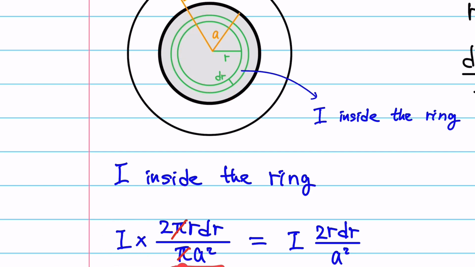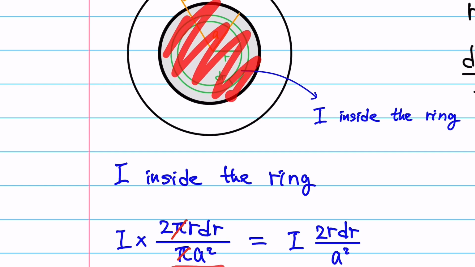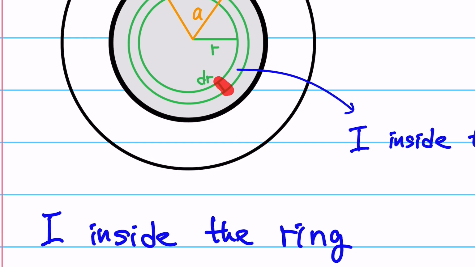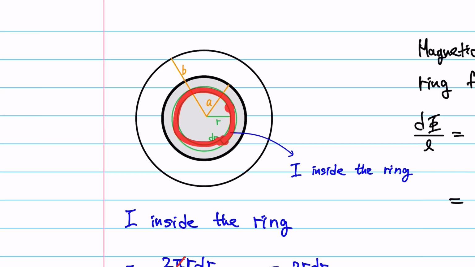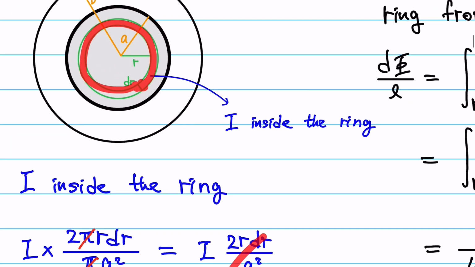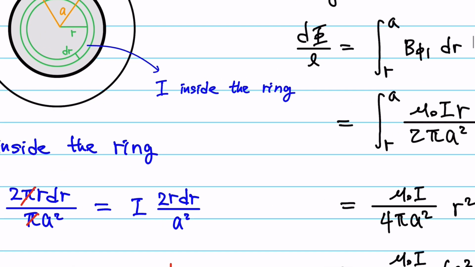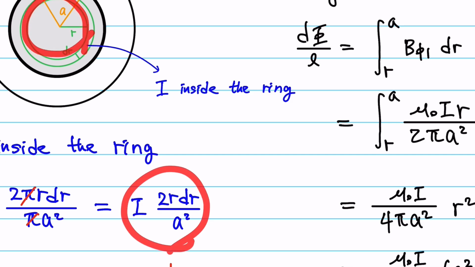You can see that pi a squared is the total surface area of the gray circle, and 2 pi r is the length of this circle, and you need to multiply with dr, which is the height of the circular ring, to get this rectangular shape. The pi's will cancel out, and that will give you I times 2r dr over a squared. So that's the amount of current inside this ring.